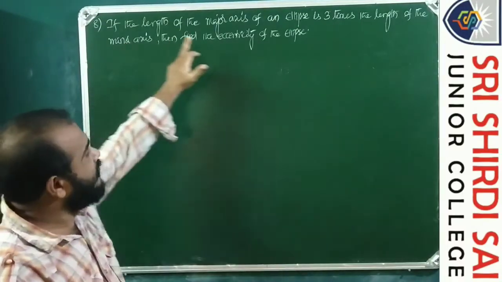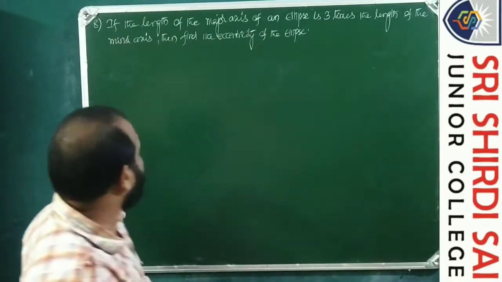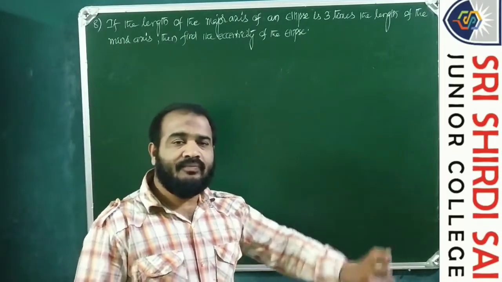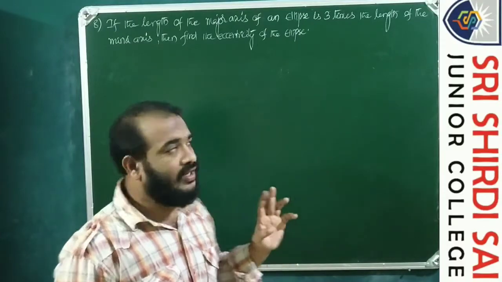If the length of the major axis of an ellipse is 3 times the length of the minor axis, then find the eccentricity of the ellipse. Since a particular case is not given, let us take a greater than b case only.